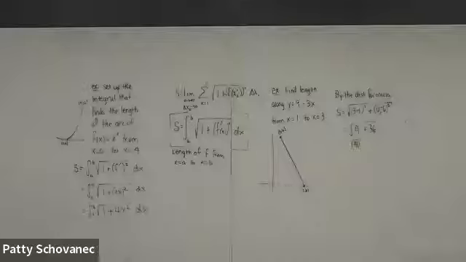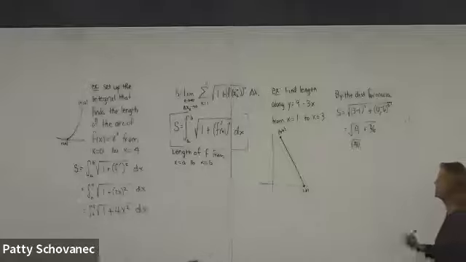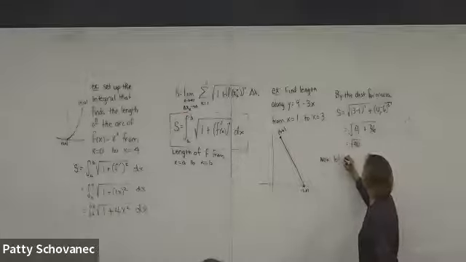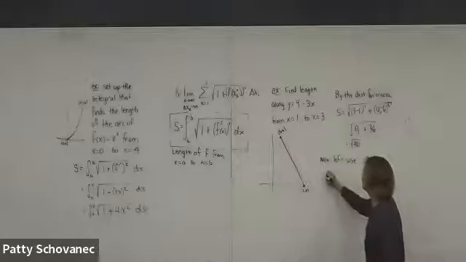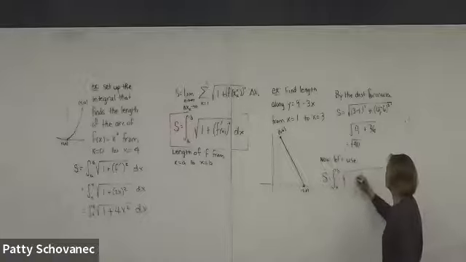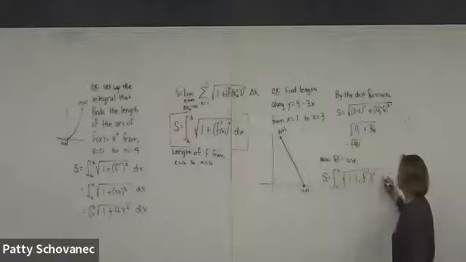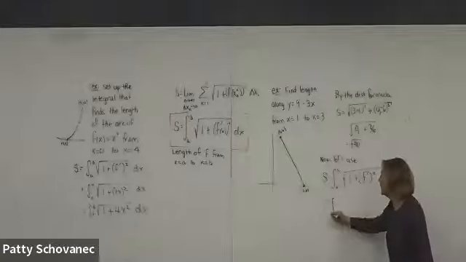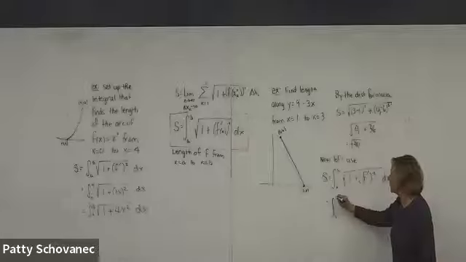Now let's use the formula. S is equal to the integral of the square root of 1 plus the derivative of that function squared, integrated with respect to x. So I'm ready to write. I'm going to integrate all my x's from x is 1 to x is 3.